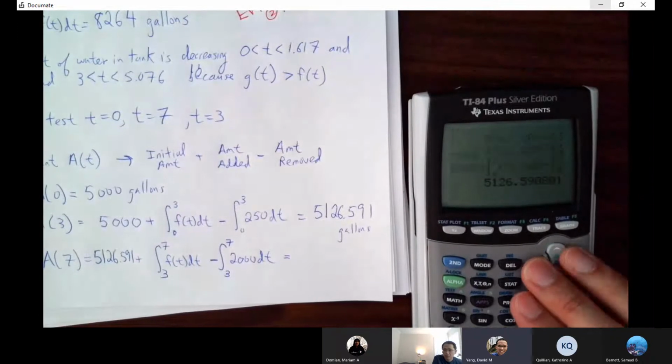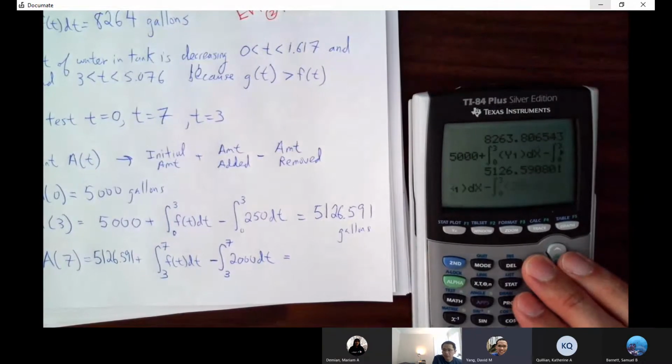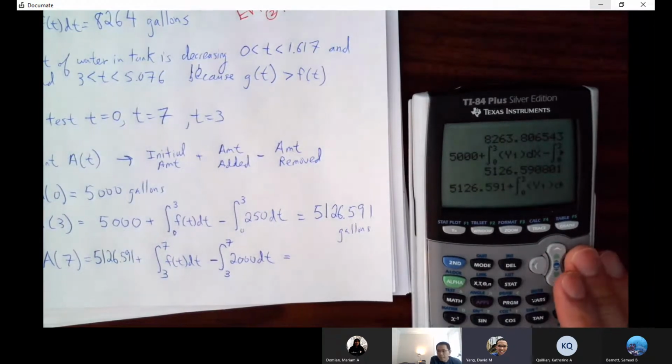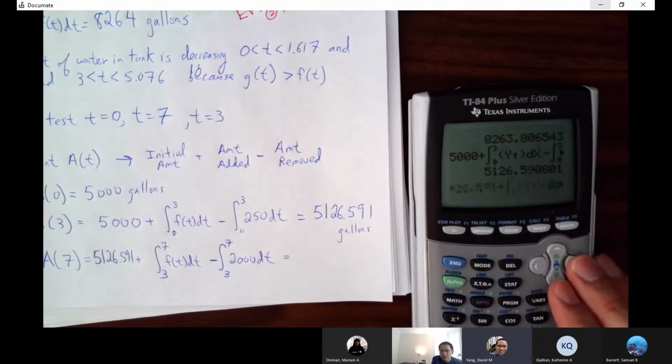Okay, I'm just going to update my entry from the previous time. I want to go from 3 to 7, and then from 3 to 7, but I have a new rate, so my rate is now 2,000.